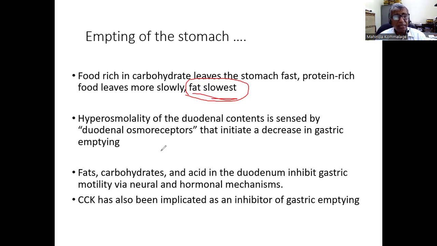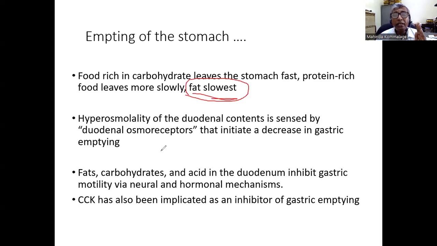Right. So then there is an osmoreceptor in the duodenum, and that is also important to initiate gastric emptying. If the duodenum gets a lot of chyme, the osmoreceptor will detect that and will probably decrease gastric emptying and control the things coming to the duodenum. Because, as I mentioned earlier, the duodenum is not a storage organ.